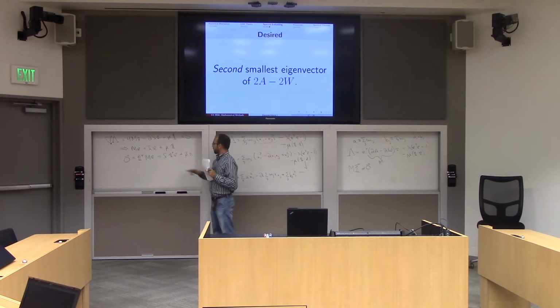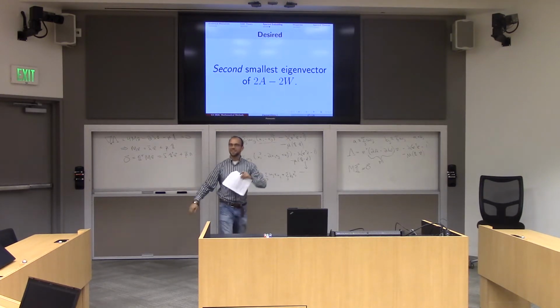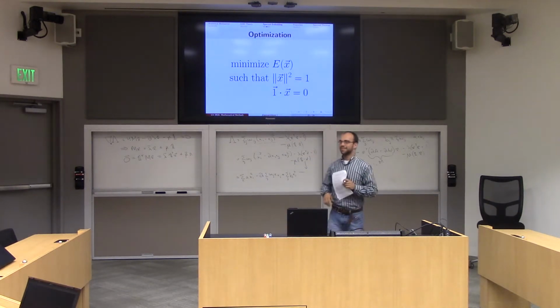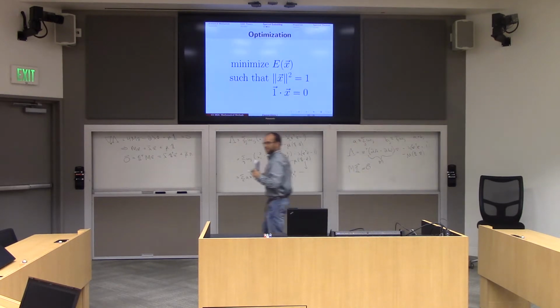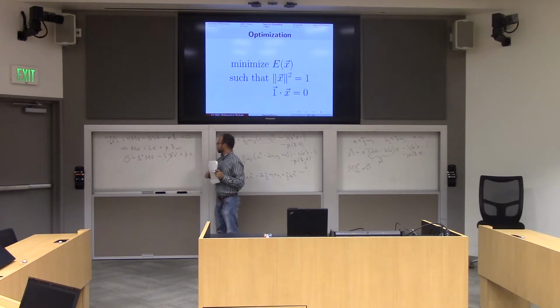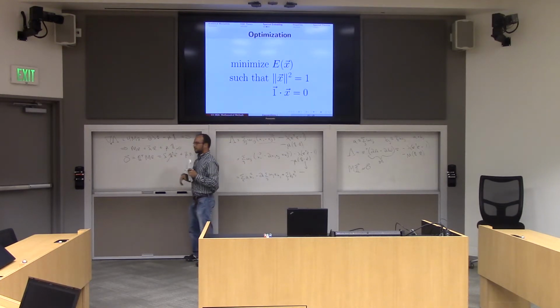Okay. What is 1 dot x? What was our optimization? Let's go back. Well, we have 1 dot x. It's 0. This thing is 0. And this whole thing is equal to 0.